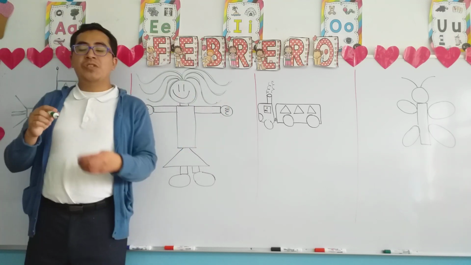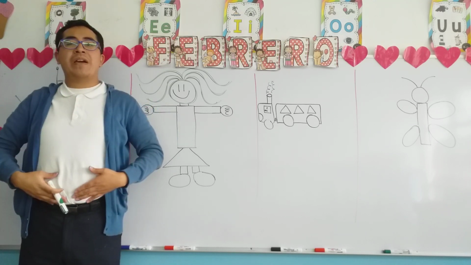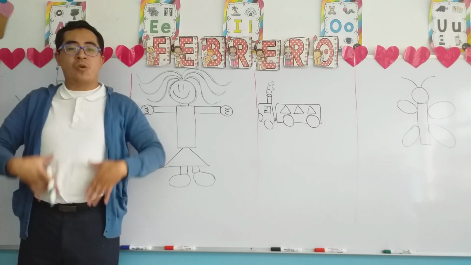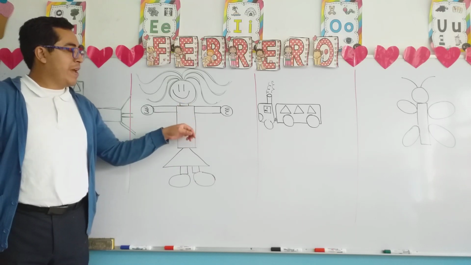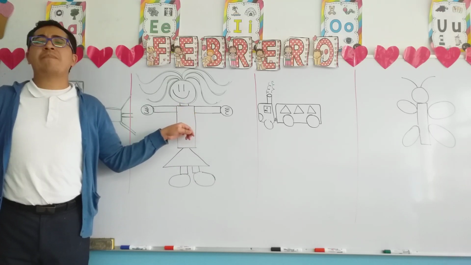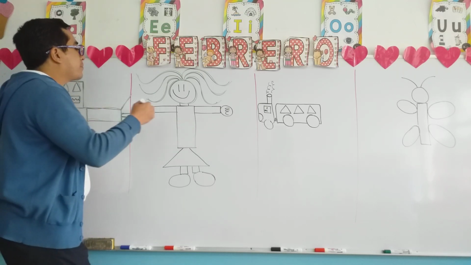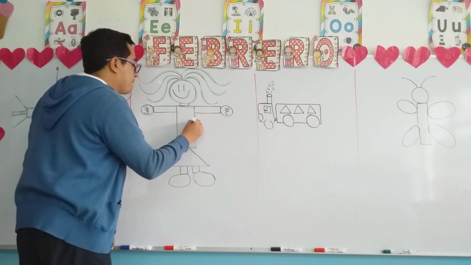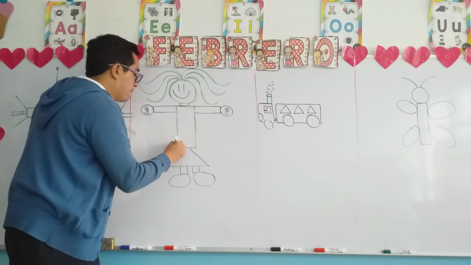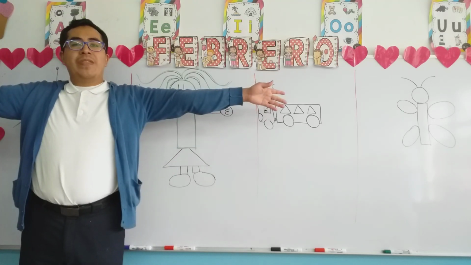Now, let's continue with the chest and the stomach, which in Spanish, tronco. So, for the chest and the stomach, this part of the body has the shape and form of a rectangle. Now, what about the arms?